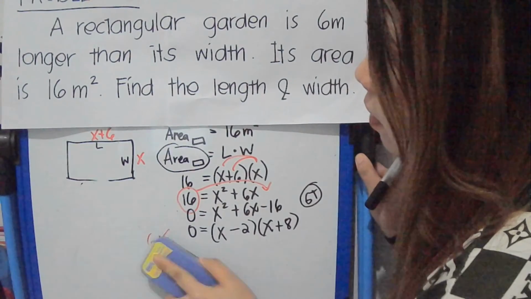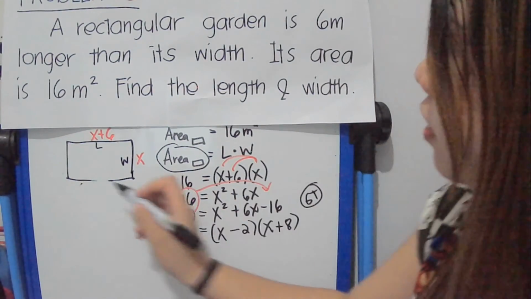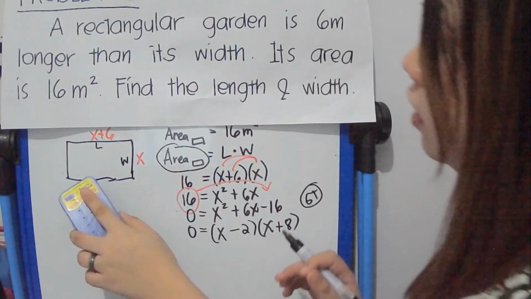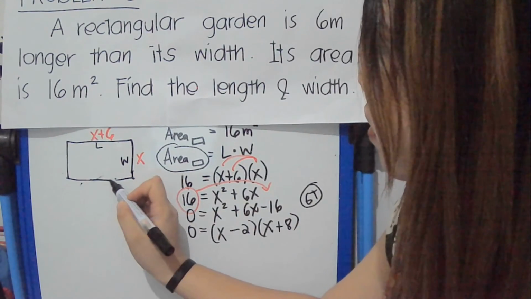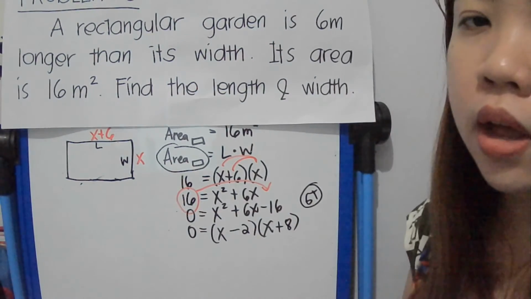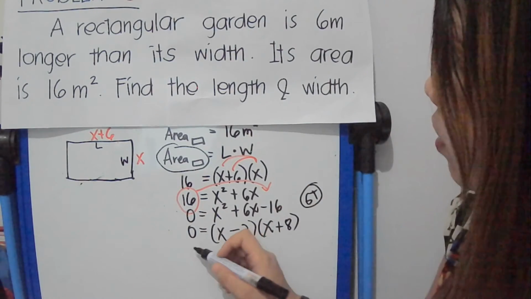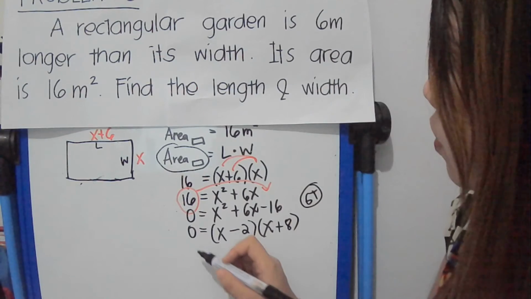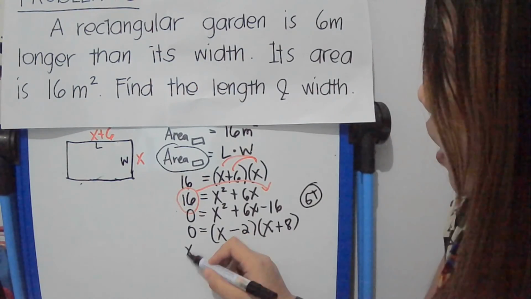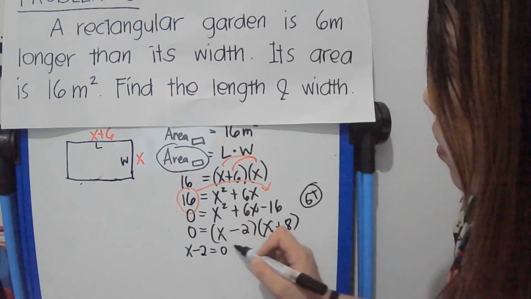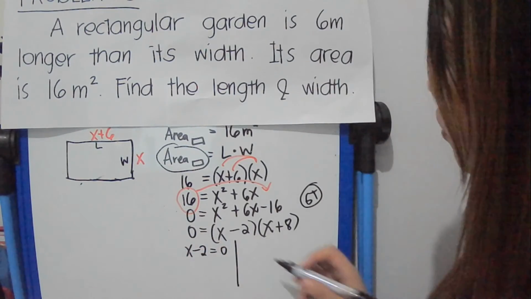So, kung nakuha mo na yung factors using GT, let us now equate each factor to 0 para makuha na natin yung value ng x. So, let's start with x minus 2. So, pwede naman natin siyang isulat as x minus 2, then 0. Pwedeng ibaliktad naman siya.